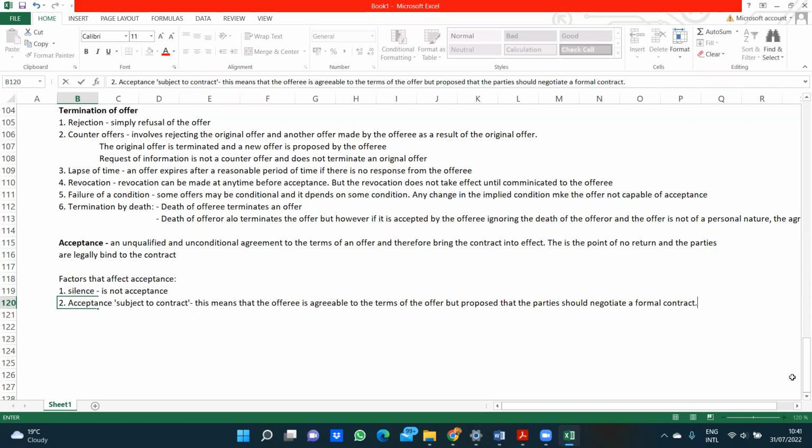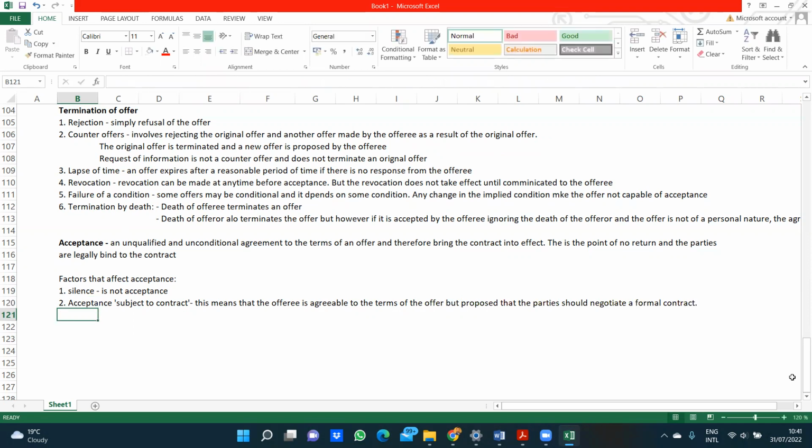The parties are not bound to the contract until it is signed.